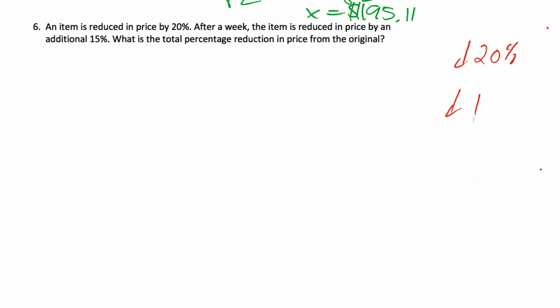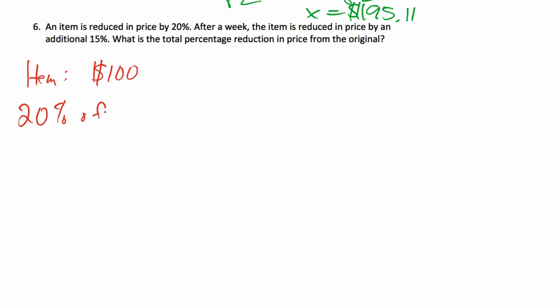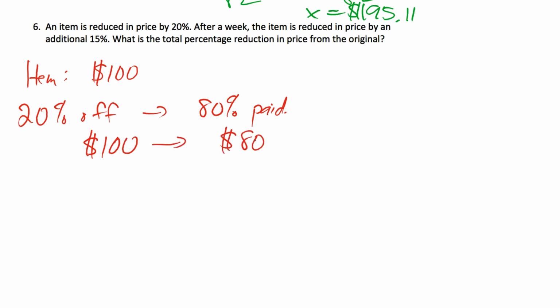All right, we don't have an original price to go with here, which means we can make up anything we want. So let's start with an item, and let's make this easy. Let's suppose we have a $100 item. If it's 20% off, that means we would pay 80% for it, which means the $100 item would become $80 after 1 week.